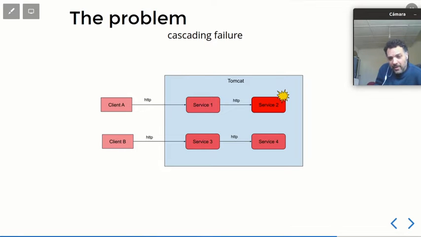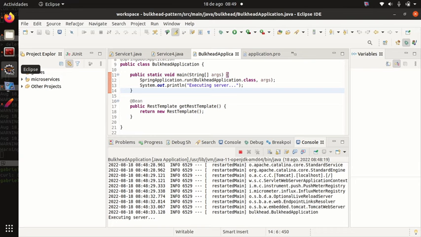However, the whole application is going to fail, so client B will also be affected, and that is the problem that we want to solve with a Bulkhead. So I started the server. Now let's see the client.